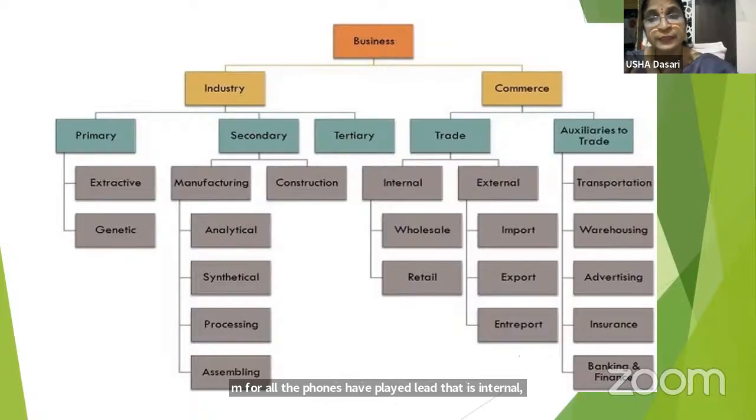In simple words, commerce is concerned with the group of activities which are directly or indirectly involved in the distribution of the goods between the place where they come into existence and the persons who finally use them. So this is called commerce.